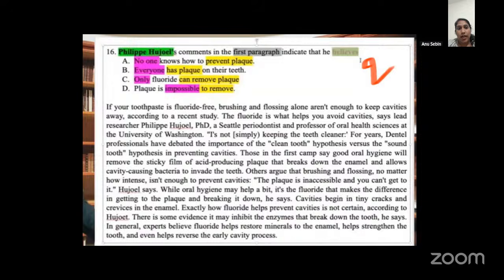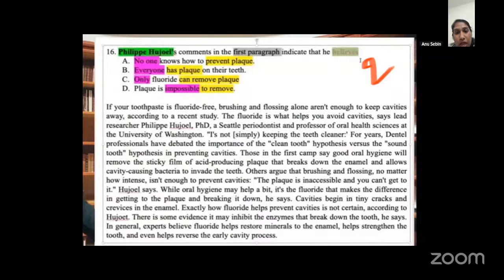Option A. So first we can read. If your toothpaste is fluoride free, brushing and flossing alone are not enough to keep cavities away. According to a recent study, the fluoride is what helps you avoid cavities, says lead researcher Philippe Hujoel, PhD, a periodontist and professor of oral health science at the University of Washington. It is not simply keeping the teeth cleaner. For years, dental professionals have debated the clean tooth hypothesis versus the sound tooth hypothesis in preventing cavities.